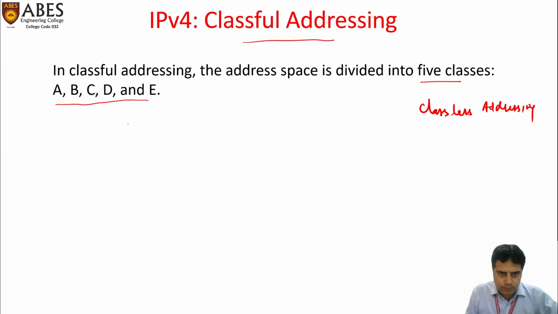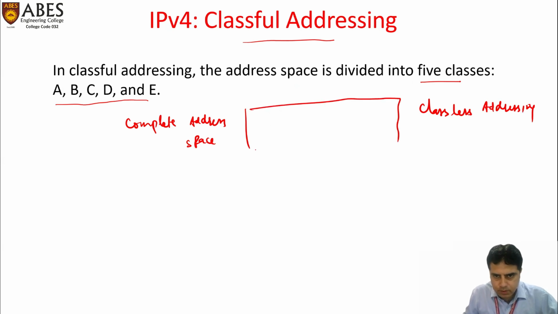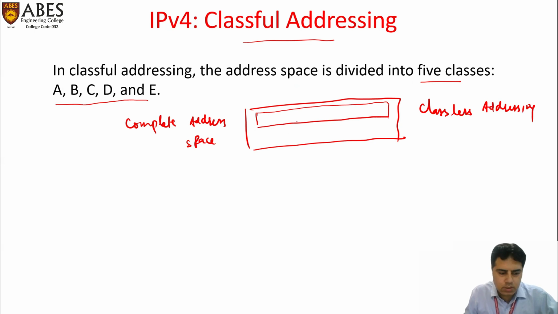So if we assume this is the complete address space, that is 100%, class A will use approximately 50% of the whole address space.